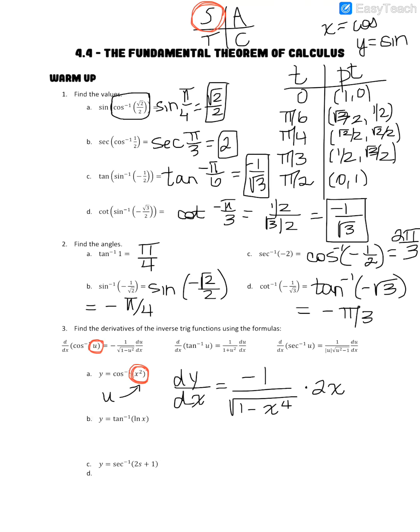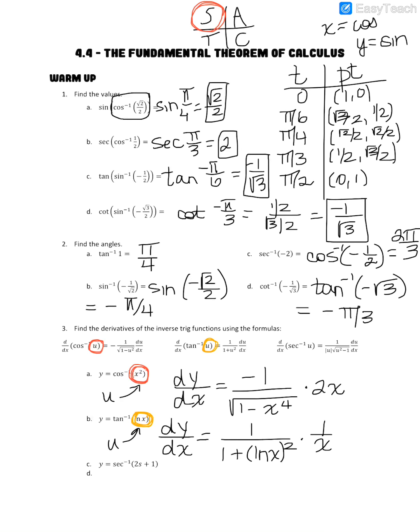All right, let's try B. So on B, my u is the natural log of x, and I'm plugging that in here wherever I see a u. Okay, so let's see here. dy dx equals 1 over 1 plus natural log of x squared, and then I want to follow it up with the derivative of my u, so 1 over x.